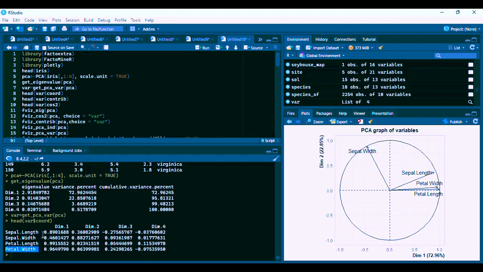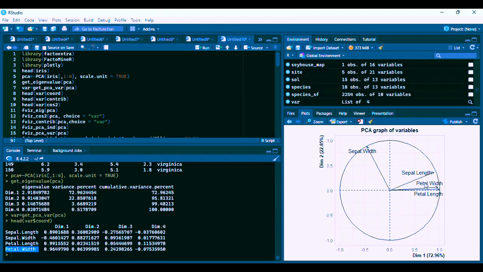Also, variables pointing in the same direction are positively correlated. So we have a strong correlation between these 3 variables because they are pointing in the same direction.